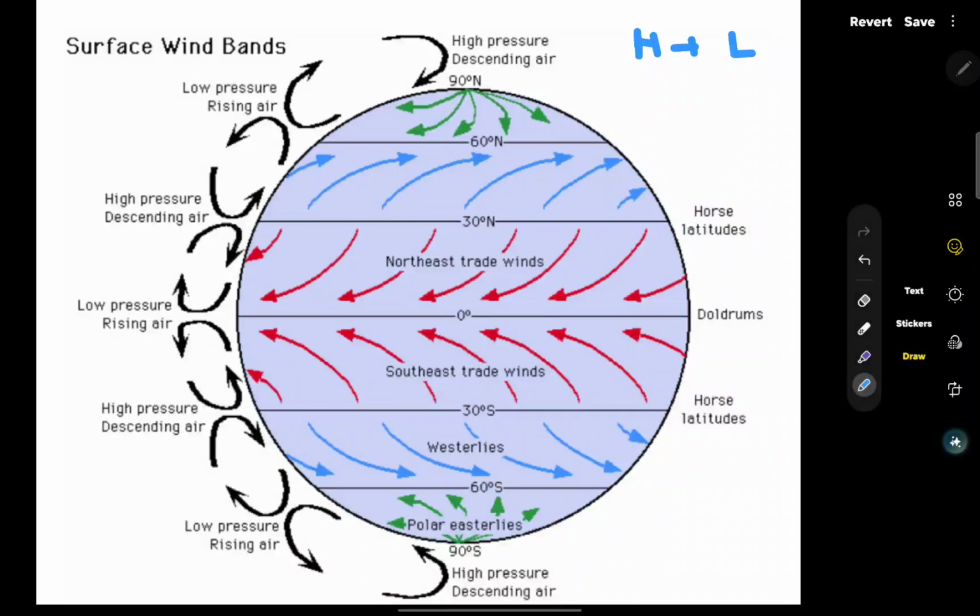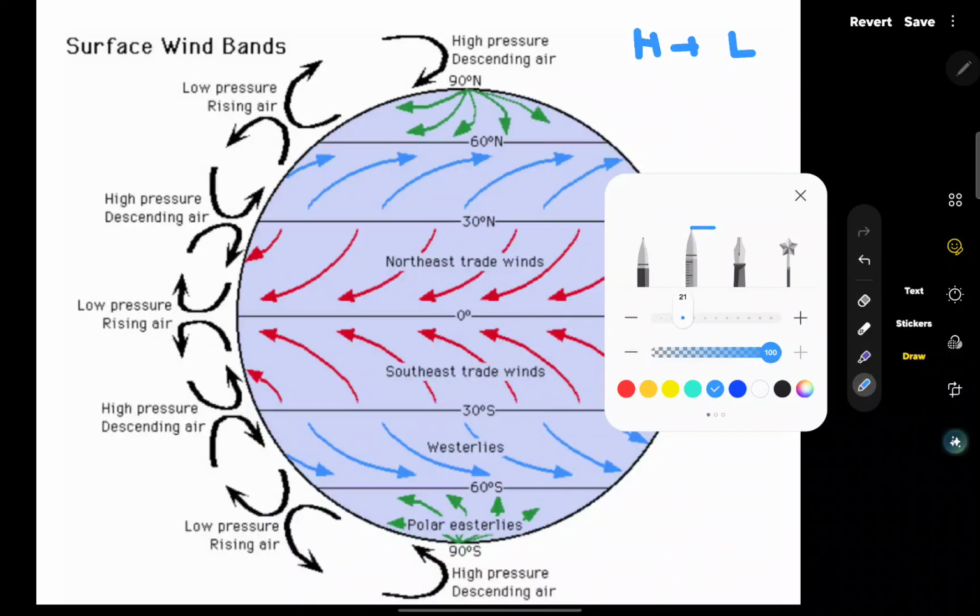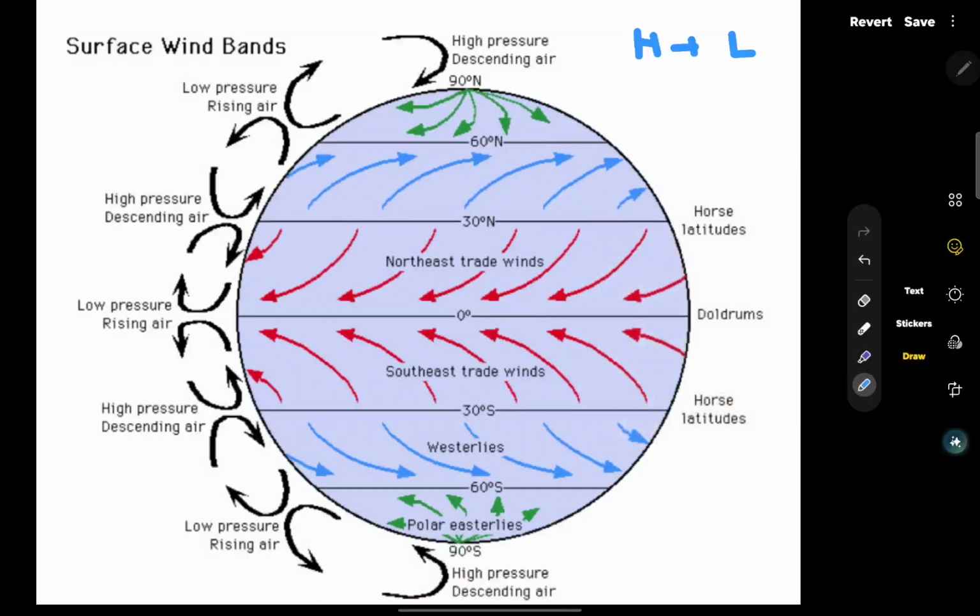Okay then, let's start. When you see this chart for the first time, I want you to remember which are the high pressure points in this chart and which are the low pressure points.